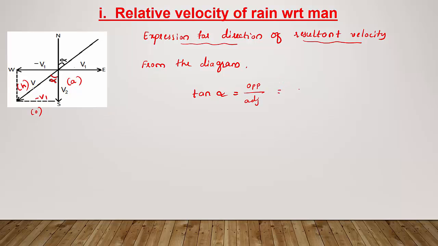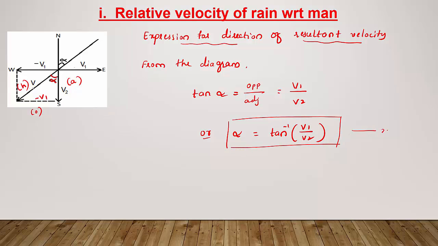So tan alpha equals opposite side divided by adjacent side, that is V1 divided by V2. We want the alpha value, so alpha equals tan inverse of V1 divided by V2. This gives the direction of the resultant velocity.